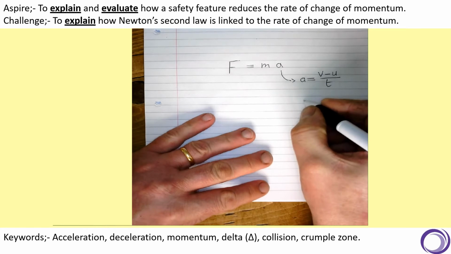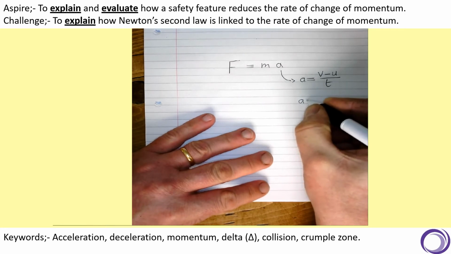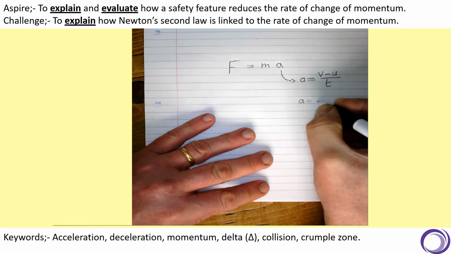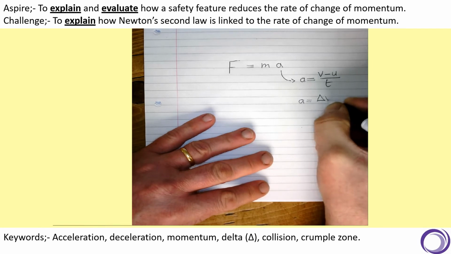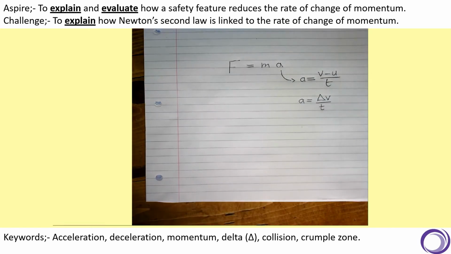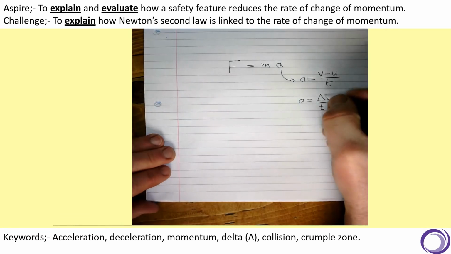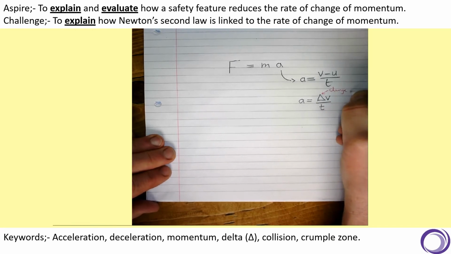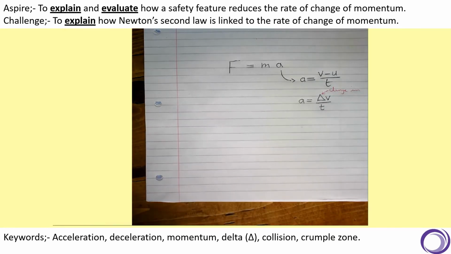So you could write acceleration as delta v over t. When you see that letter delta, in your head go "change in". So acceleration is the change in the velocity over the time.